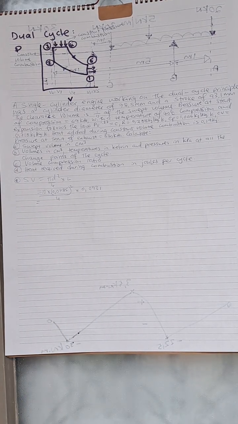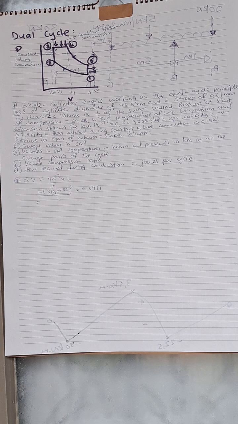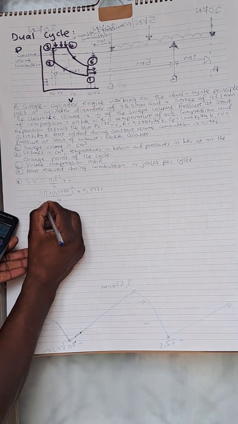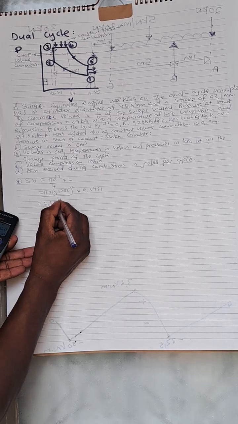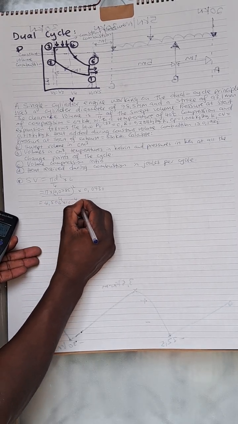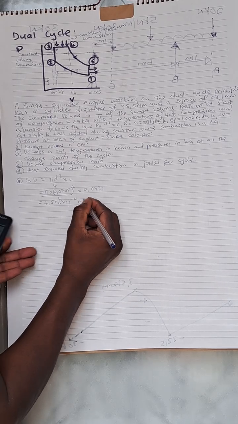Shift pi times 0.0785 squared over 4 times 0.0931. I'm getting 4.506 times 10 to the power of -4 cubic meters.